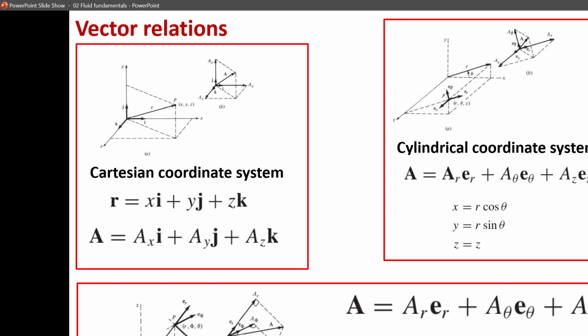So essentially, like what happens in a cylinder, your radius r, theta, which is your angle, and your height, z. In a spherical coordinate system, we are dealing with a sphere. So r, phi, and theta. This is going to be your r. This is going to be your theta, and this is going to be your phi.